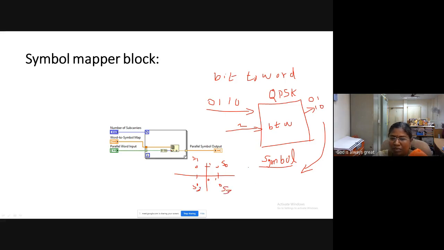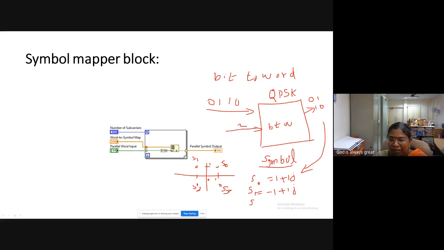Now, what is your symbol S0? Symbol S0 will be equal to 1 plus 1j. Is that okay? What is S1? S1 will be this point, minus 1 plus 1j.